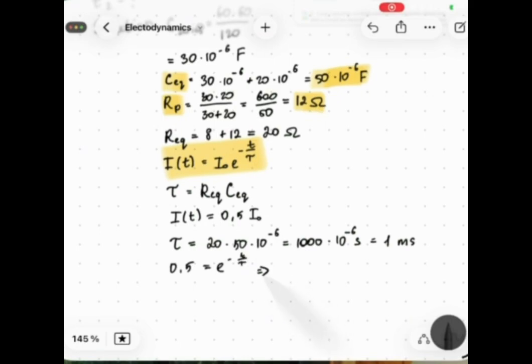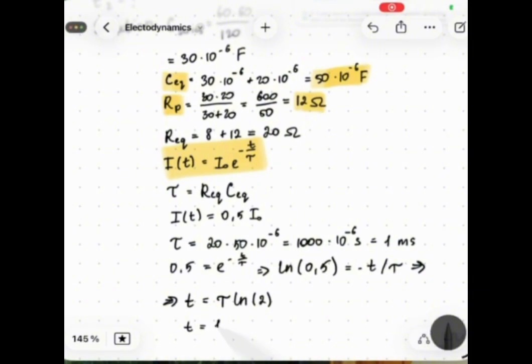Here we have to find the time by taking the logarithm. I write ln on both sides. ln is the logarithm with base e, so the e disappears here. Then I find the time by multiplying tau by ln 2. That's easy.